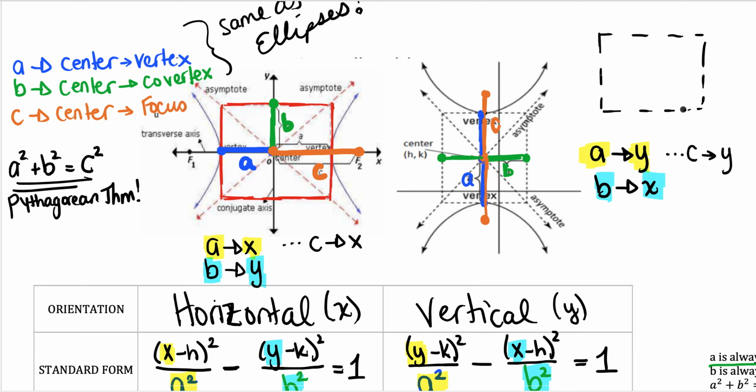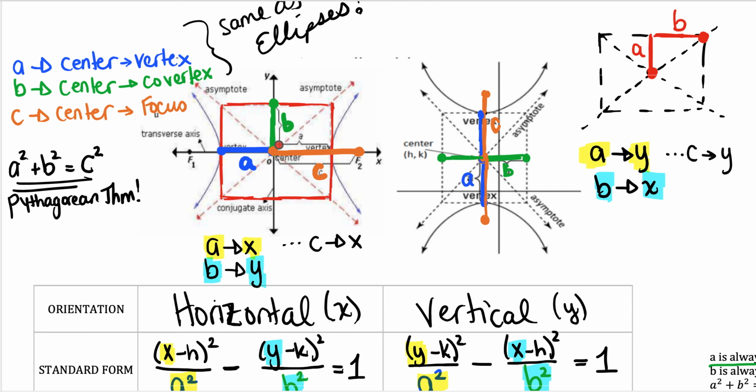When I have this box, here's my center, and my asymptotes go from corner to corner. So if I want to find the slope between this point and this point, I can go up, rise, over, run, which is a over b or b over a, depending on which hyperbola we're talking about.